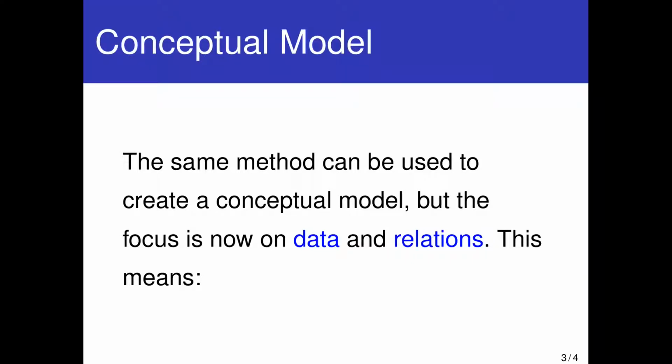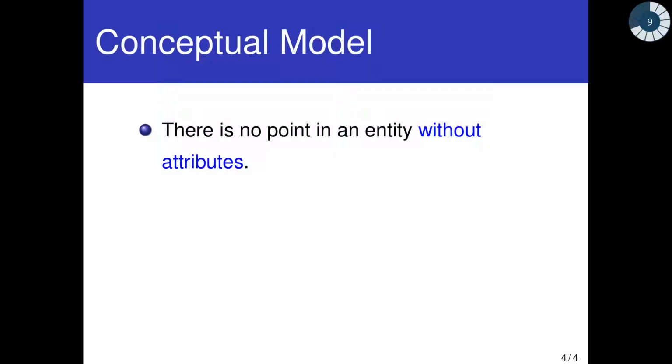So this means that there will be some smaller differences to domain modeling. When creating the conceptual model, there is no point to have an entity without attributes, because the data is the attributes, and if the entity has no data, then there is nothing to model, because we are modeling data.